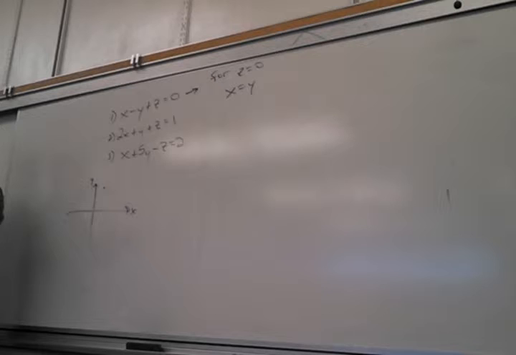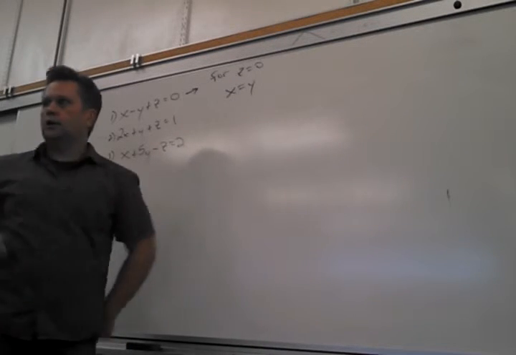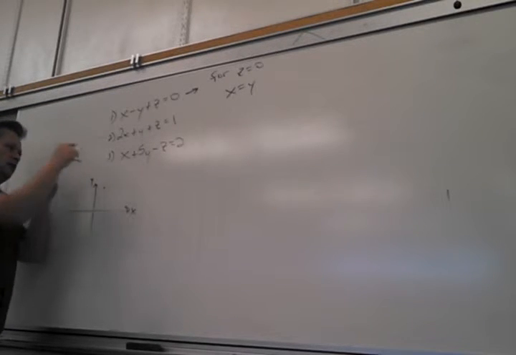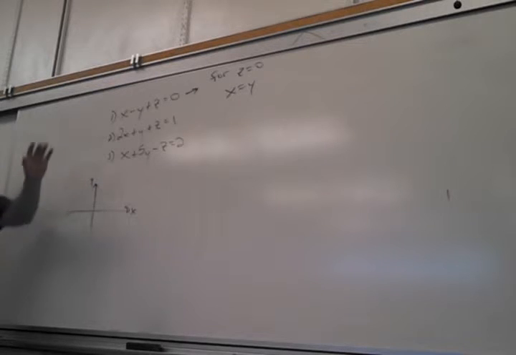X, go this way. Y, go up and down. Z, go out or in. So negative z would be inside, on the other side of the board. You with me? Alright, so this is not freaky stuff yet. That's 3D. Not 4D, not 5D, not 80D. This is 3D. Alright. So stay with me.